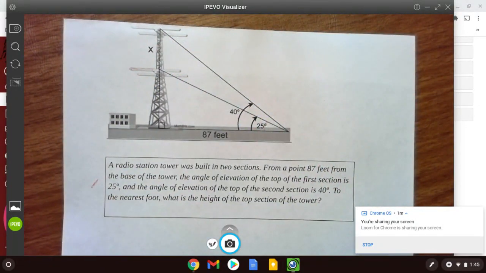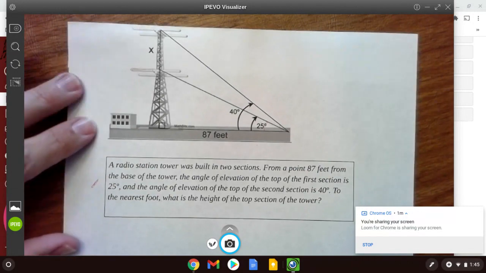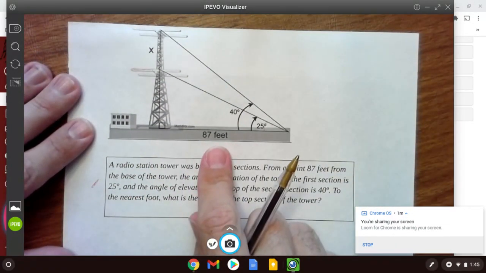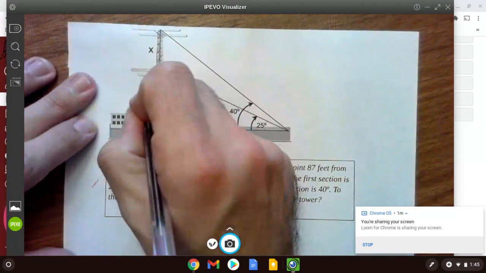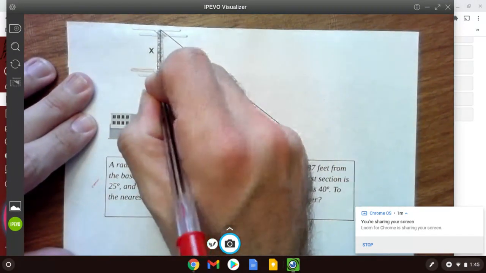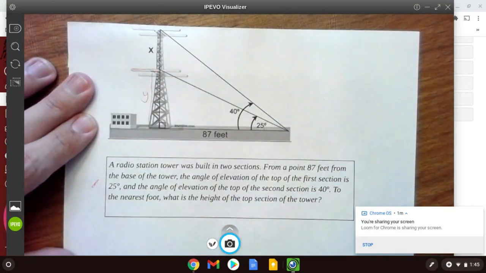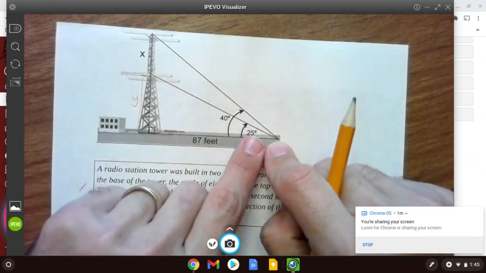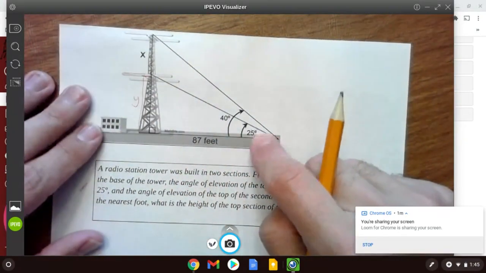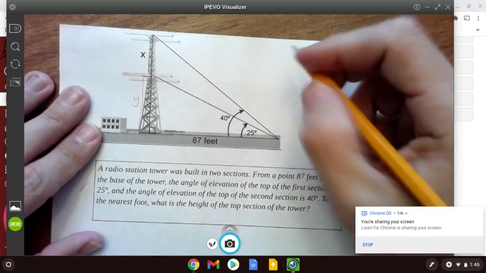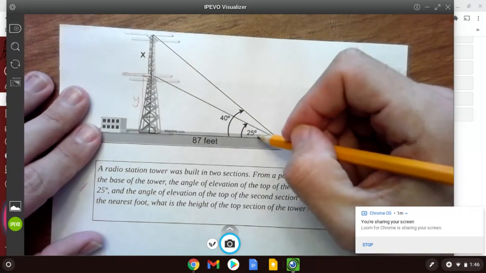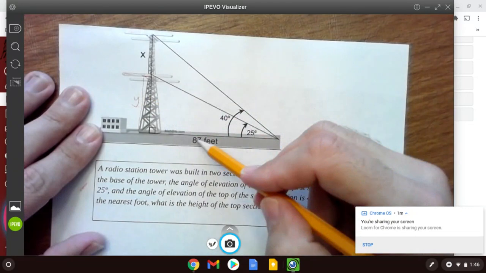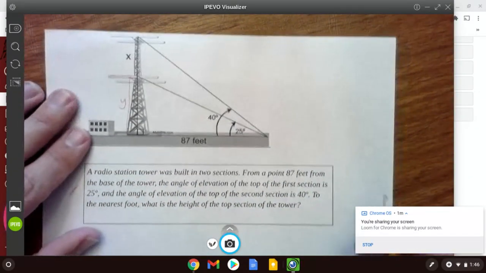All right, so let's start with the 87 feet they give us. We're going to have to use that for both of these. Let's start by finding the first section of the tower. Notice we're just working with this 25-degree angle here. We associate this with opposite over adjacent, so this is going to be a tangent.